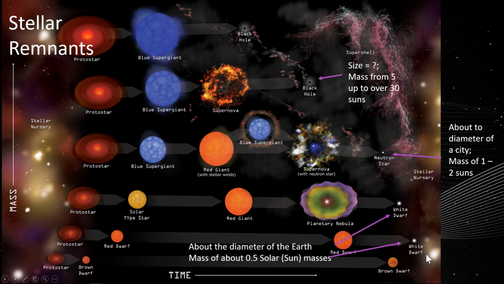Those stellar remnants will vary in how big they are, and smaller stars will become white dwarfs, larger stars will become black holes or neutron stars, and hopefully you can see how some of those physical properties change over time.